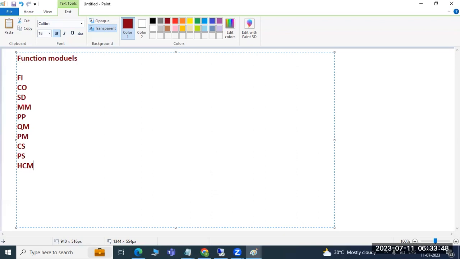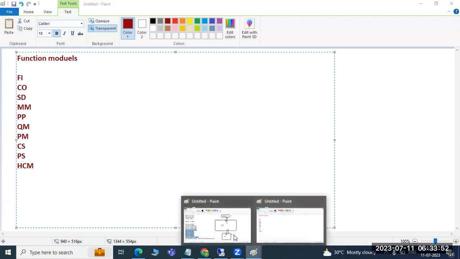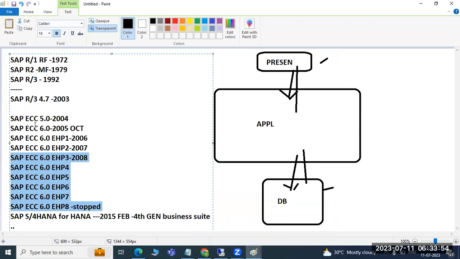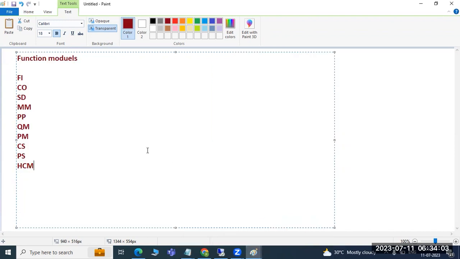As we mentioned, SAP ECC: after 4.7, they started releasing 5.0 and 6.0. ECC means core components.